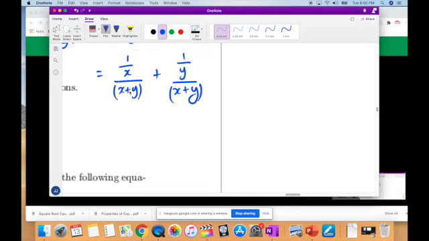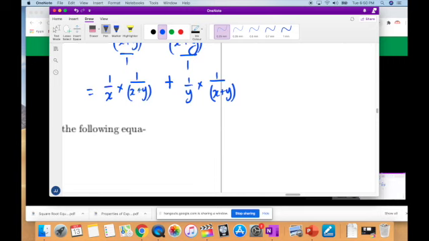Because this is really x plus y over 1, and x plus y over 1. So I could invert and multiply: 1 over x multiplied by 1 over x plus y, plus, inverting 1 over y's denominator, 1 over y multiplied by 1 over x plus y.